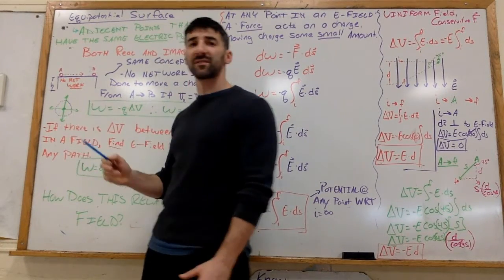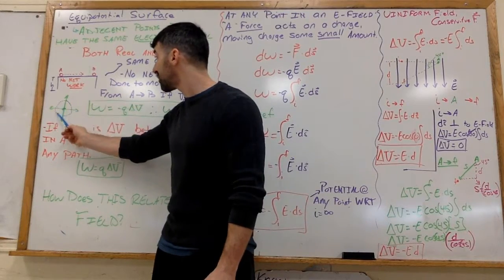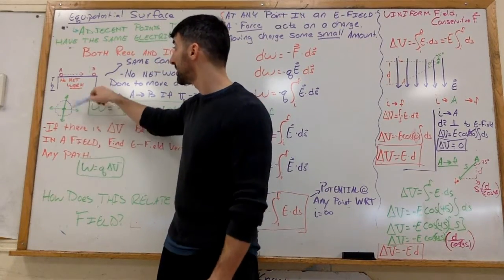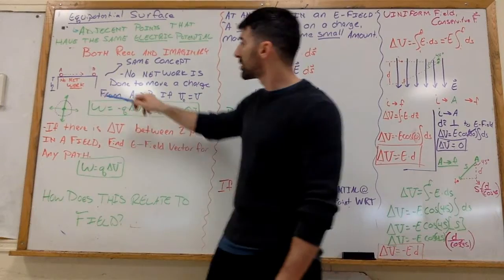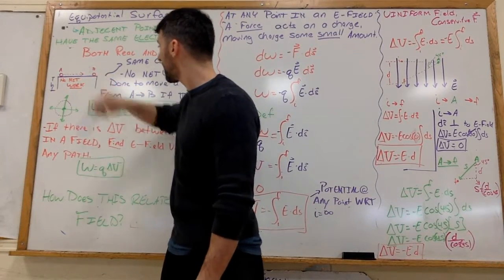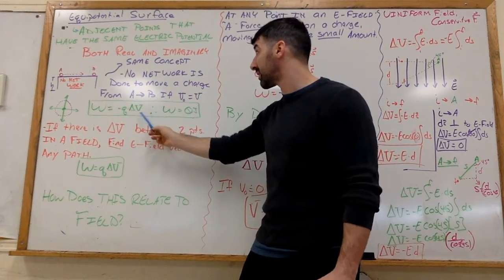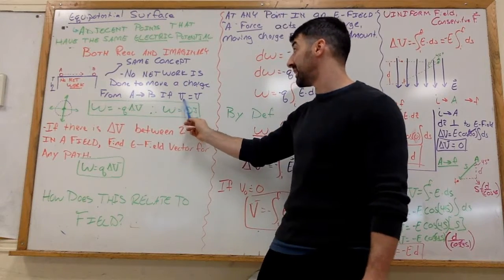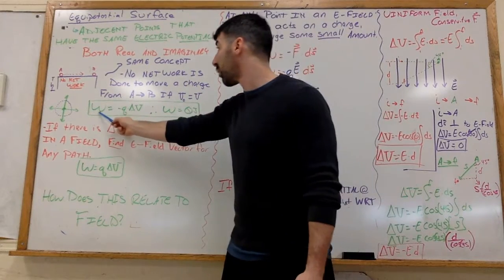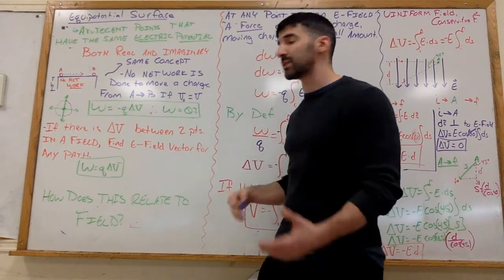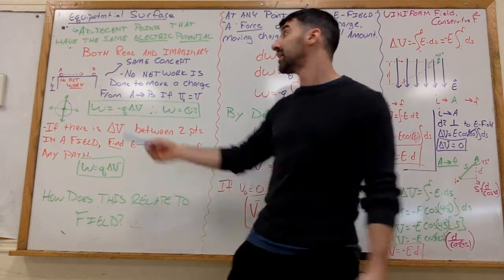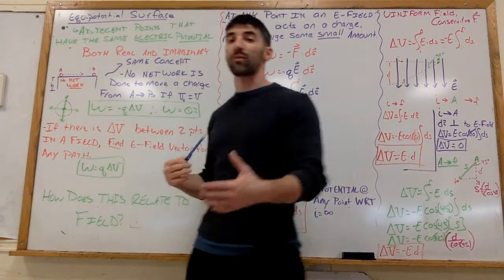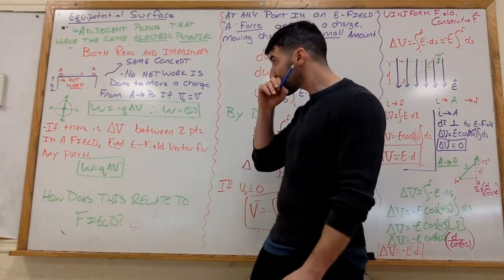Anywhere where I drew an electric field line, this equipotential line would be perpendicular to my electric field line, which means if I move from there to there, my delta V would be zero. If delta V is zero, or if V naught is equal to V, obviously, the work done is equal to 0 joules. I get to move around for free. Very similar to when we talked about gravitational potential energy.